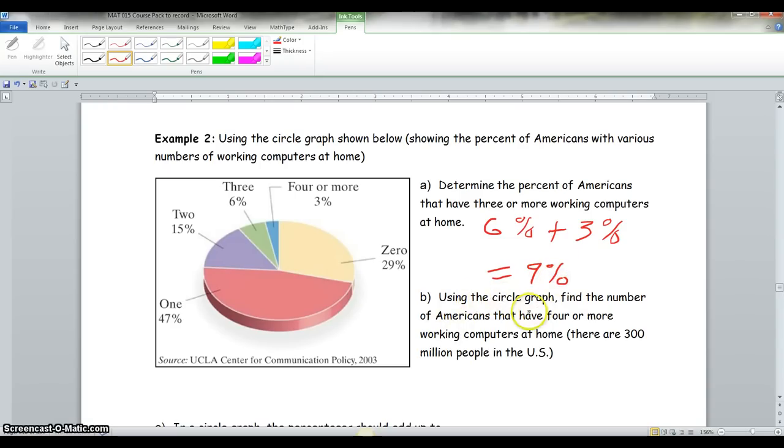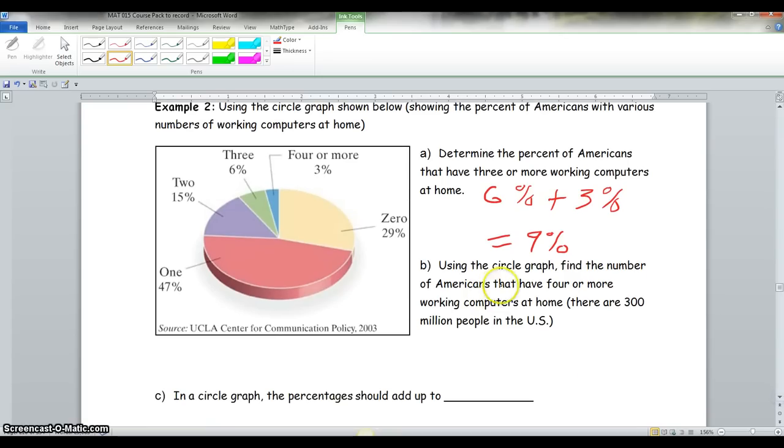It says using the circle graph, find the number of Americans that have 4 or more working computers at home. Now there are 300 million people in the United States. Now they want us to find an actual number. So we would take the percent of 4 or more, and instead of writing 300 million, we could just do 300 times the 3%, which we know is 0.03. Now we can multiply this by 3.